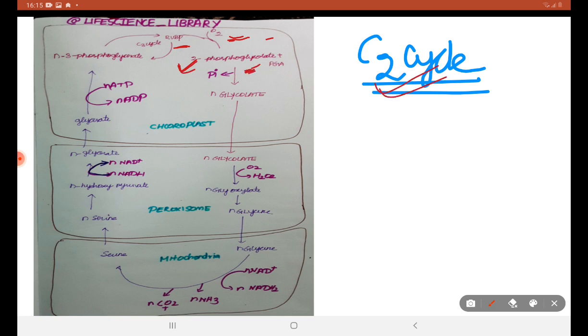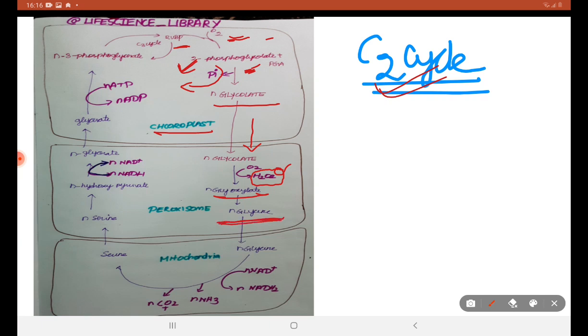From 2-phosphoglycolate, a phosphate group is removed and it forms glycolate. Glycolate from the chloroplast enters the peroxisome. In the peroxisome, the glycolate is converted into glyoxylate. Here hydrogen peroxide is formed in this step. Glyoxylate is converted into glycine.